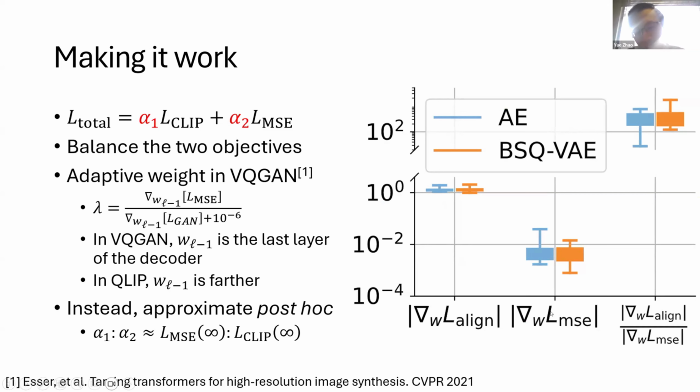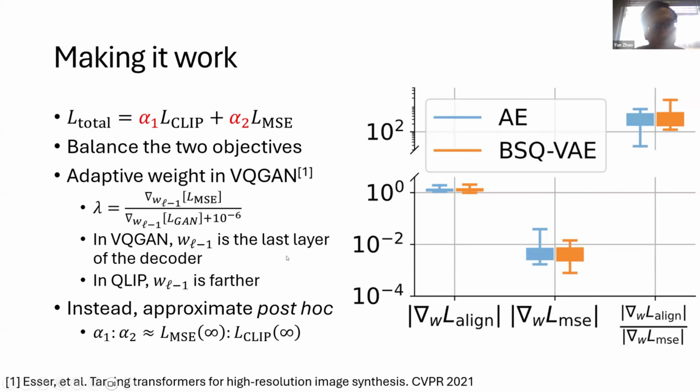We take the last common layer of these two losses, compute the gradient with respect to this layer, and see the gradient magnitude. The difference can be in the order of 2 orders of magnitude.